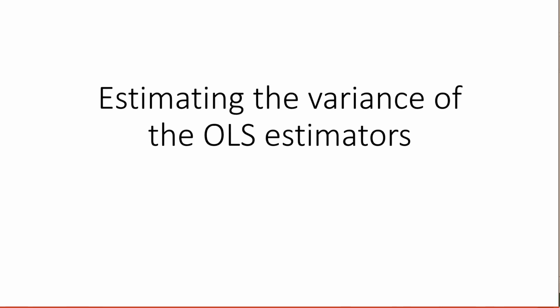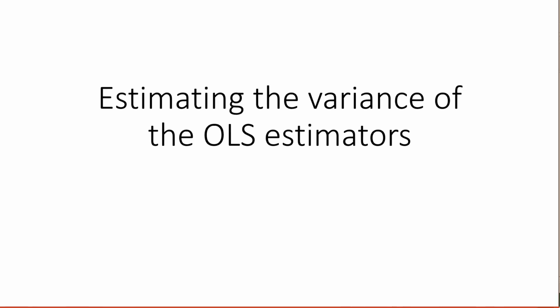We can estimate the unknown parameters beta 1 and beta 2 using the OLS estimator, and the estimates are called B1 and B2. With the exogeneity assumption, we know that these are unbiased estimators. So we know the expected value of B1 and of B2.